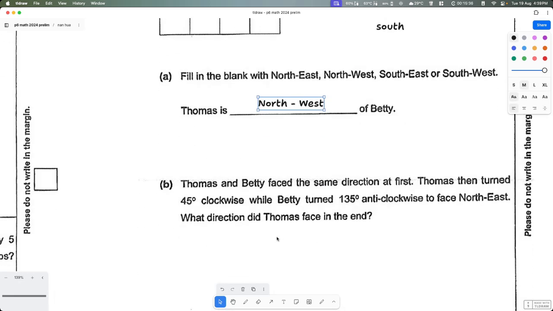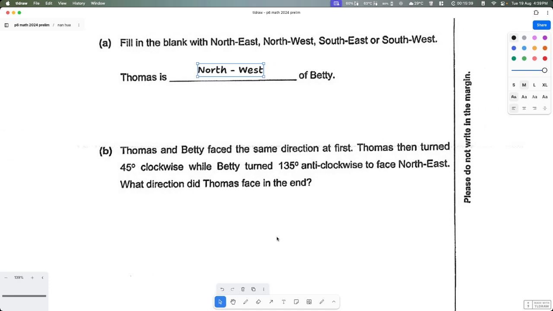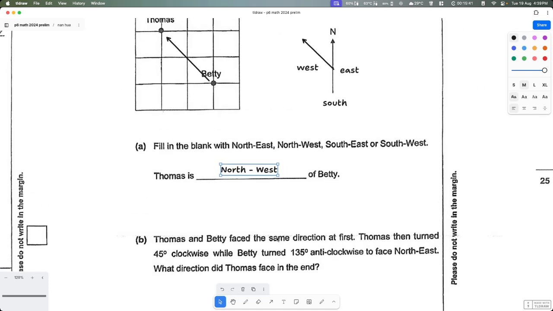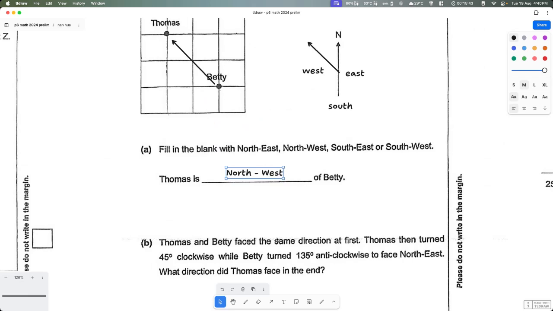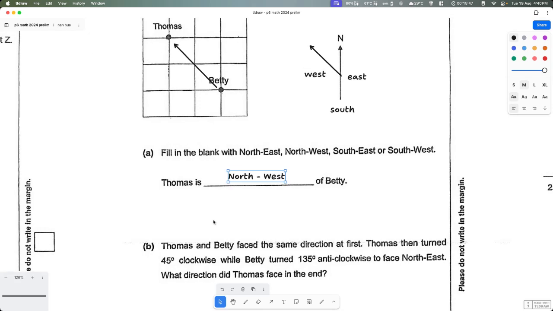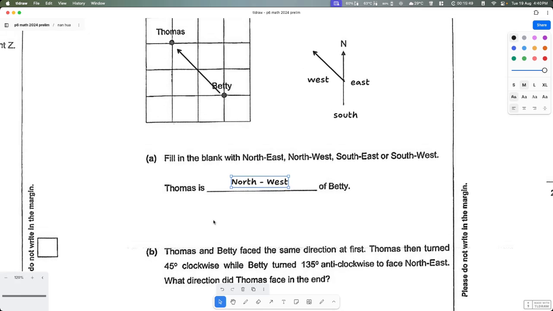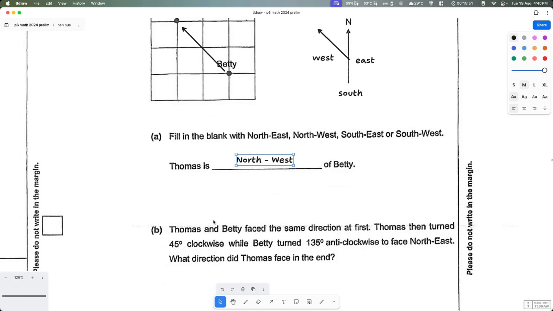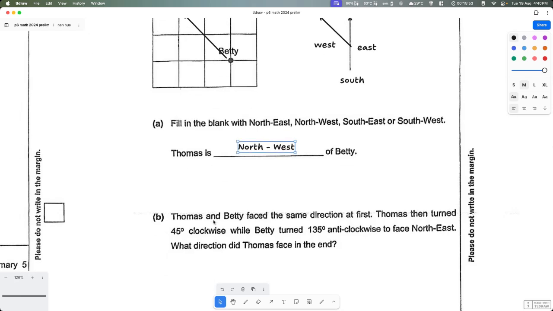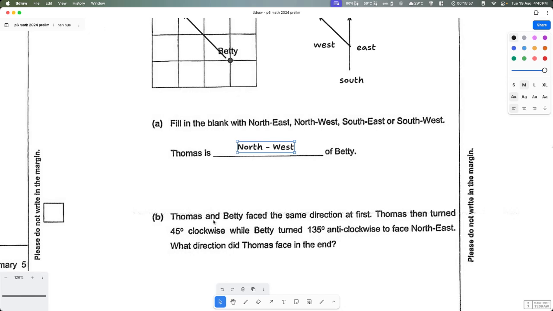Okay, so Thomas and Betty faced the same direction at first. Part B. Thomas then turned 45 degrees clockwise, while Betty turned 135 degrees anti-clockwise to face northeast. What direction did Thomas face in the end?